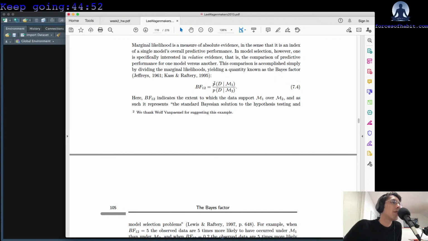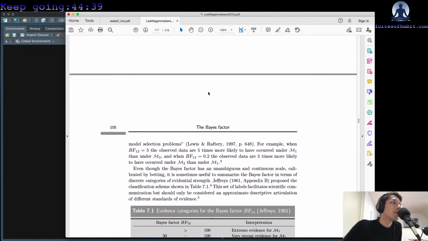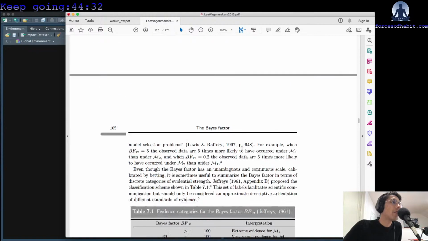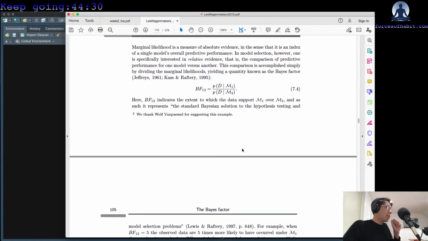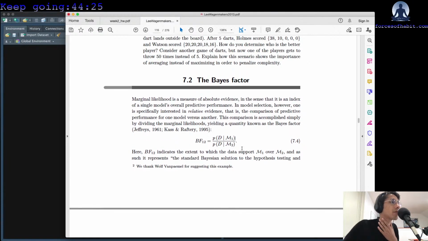So the probability of the data given some model over the probability of the data given some other model is going to give us the odds, which are going to be in favor of one model or the other. And this value is going to presumably indicate relative evidence for one model over the other, which exactly does what we want to do, that being compare one possible model to another.